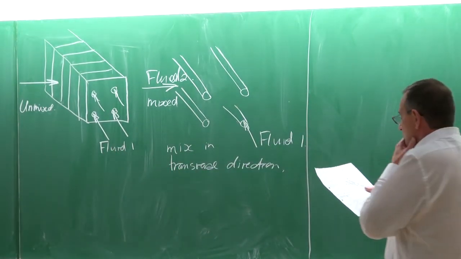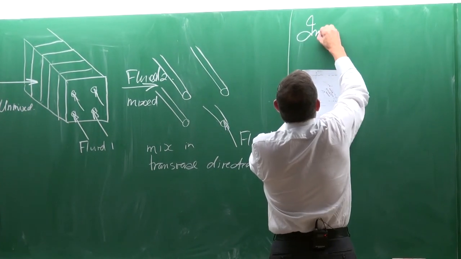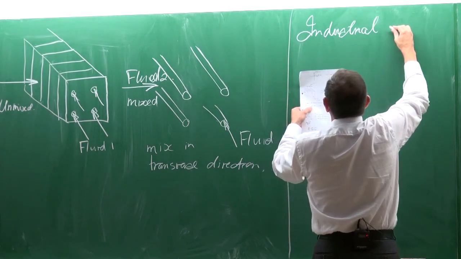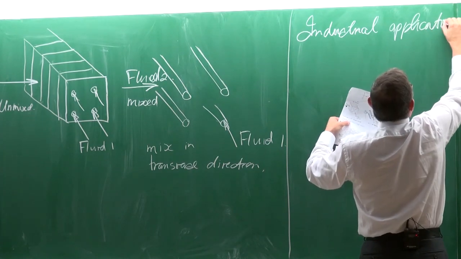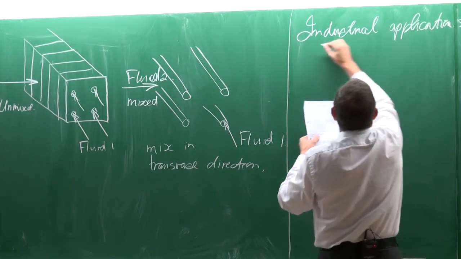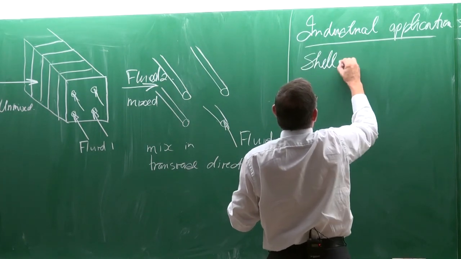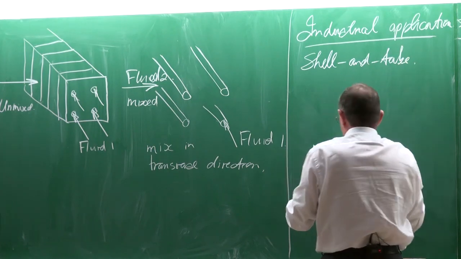The heat exchanger which is used most in industry for industrial applications is called the shell and tube heat exchanger.